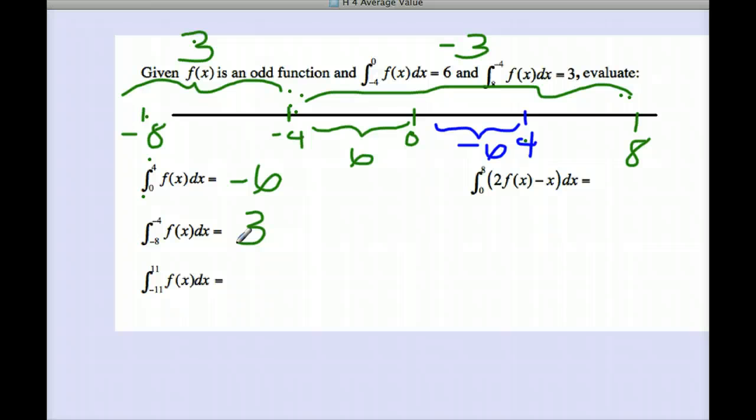When I go from -11 to +11, even though I don't have those numbers up here, since it's an odd function, I know that our symmetry tells us that on one side it's going to be positive, the other side is going to be negative with the same value. So we know that this is going to be 0.